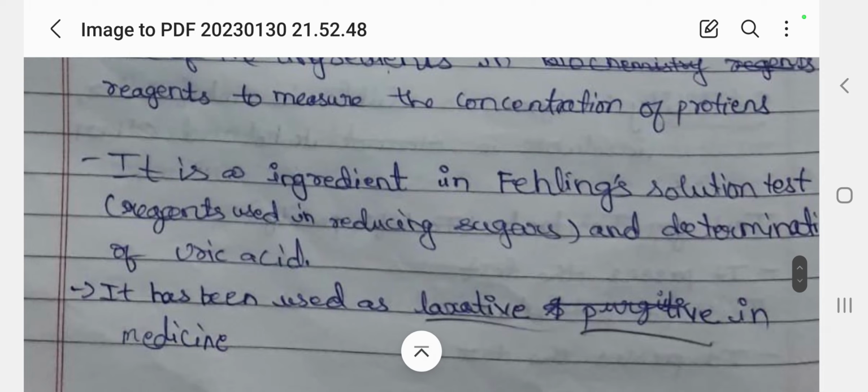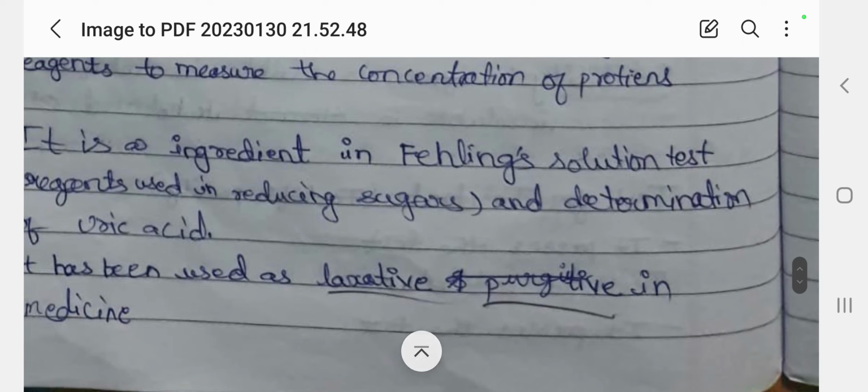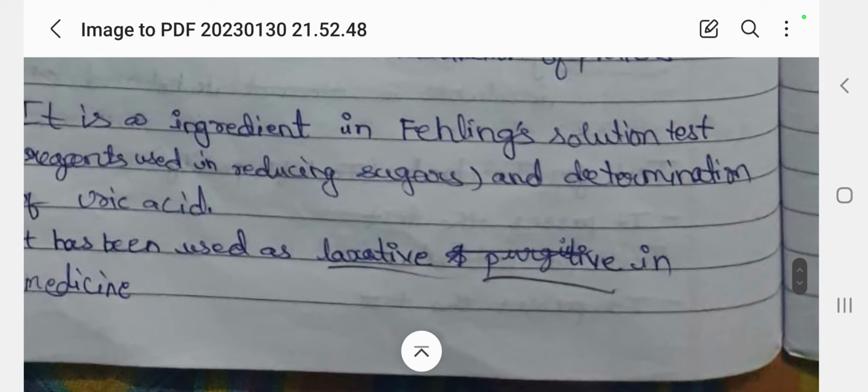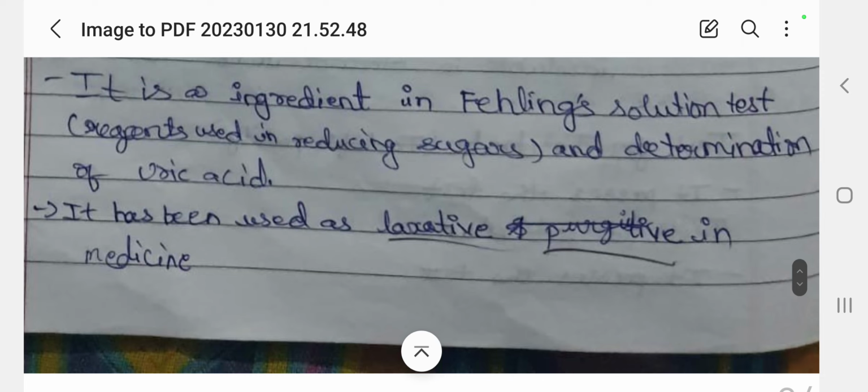And next, it is used as an ingredient in Fehling's solution, a test reagent used for reducing sugars and the determination of uric acid. It has also been used in medicine.